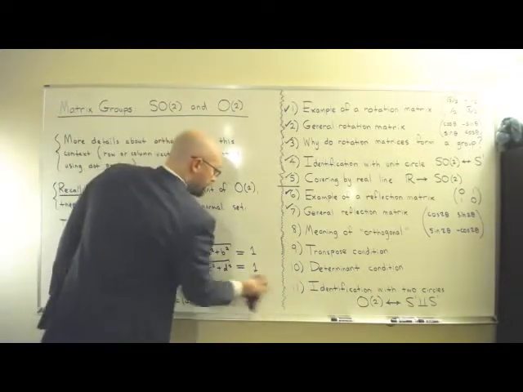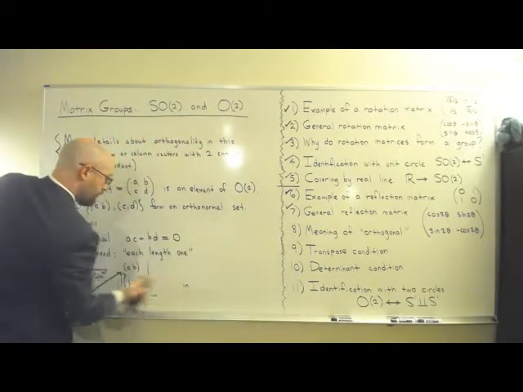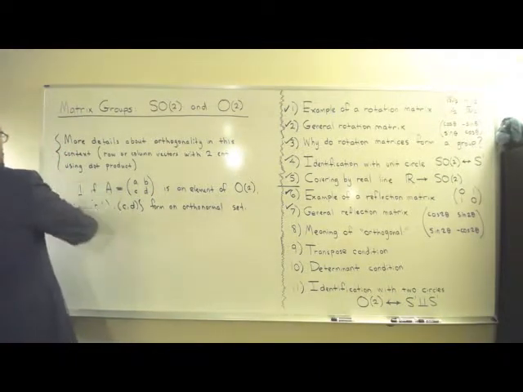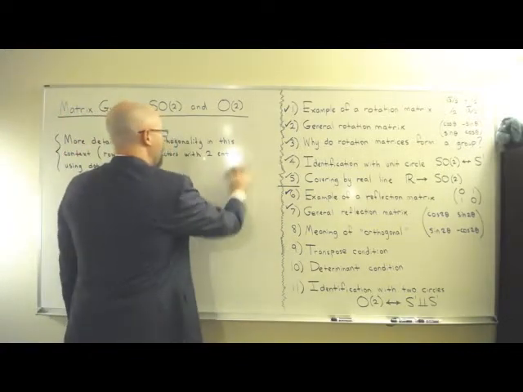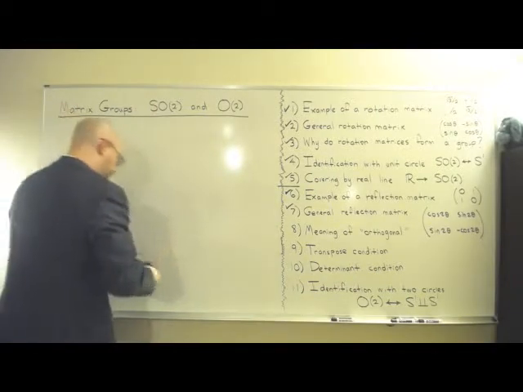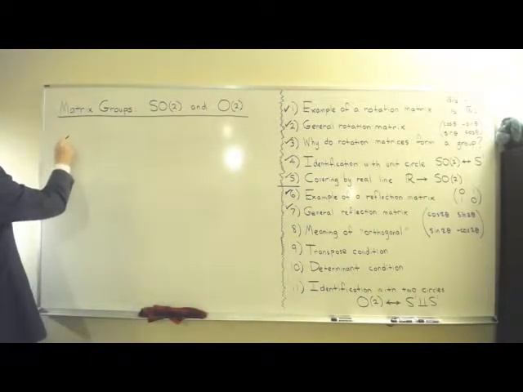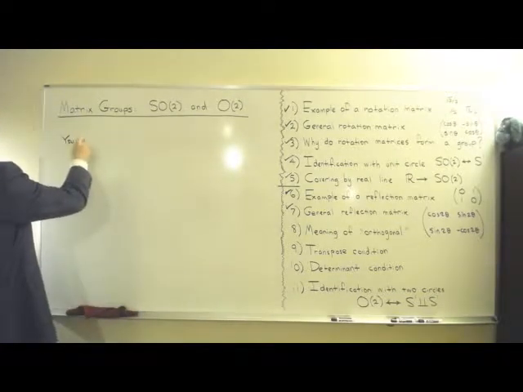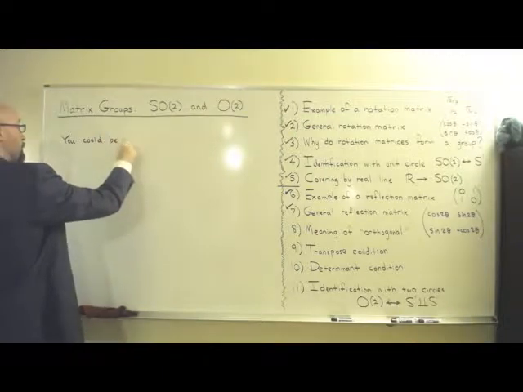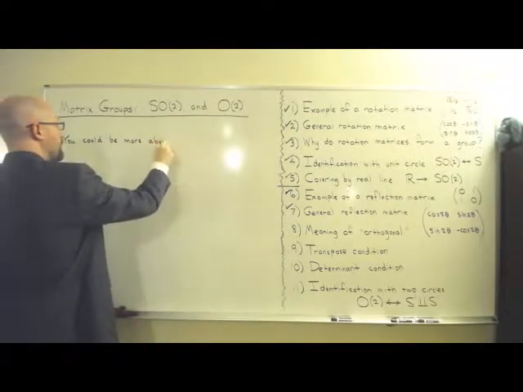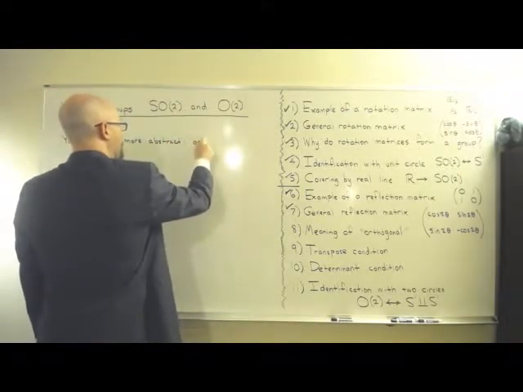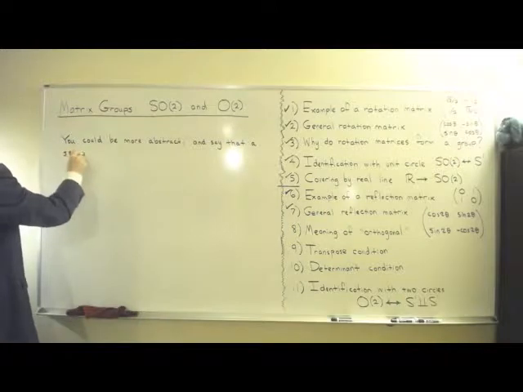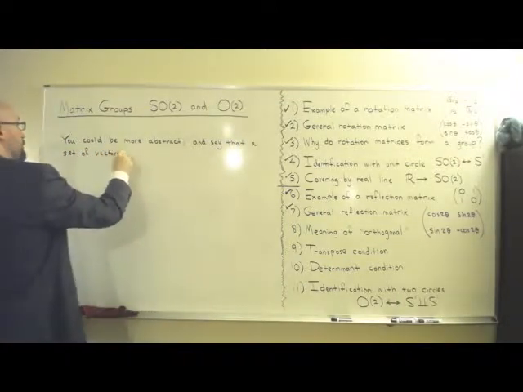Now there are concise ways to write this, and you could be more abstract and say that a set of vectors, so I'm going to have a whole set of vectors now.